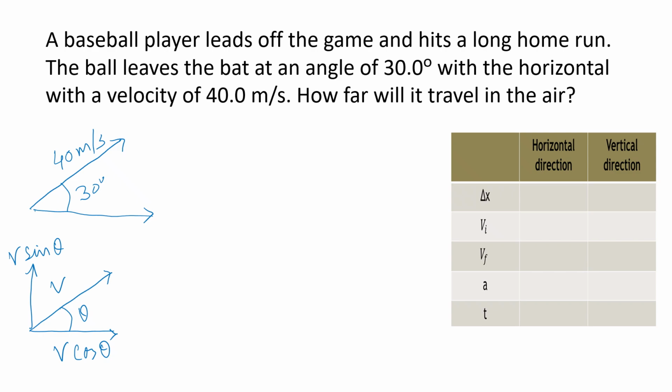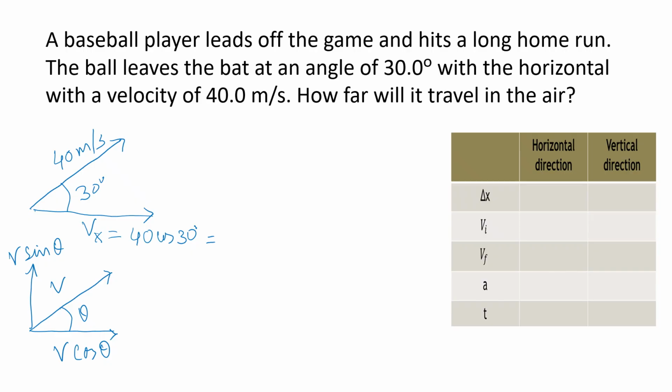And why are we analyzing these two components? The reason is we are trying to determine the role of each component for the motion of the projectile. So if we follow the same scenario, we can see that our v in this case is 40 meters per second. So we can write the velocity along the horizontal, Vx, is 40 cosine of 30 degrees.